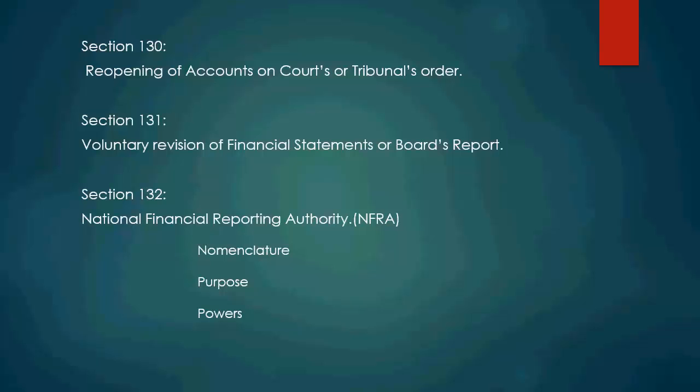NFRA also has the power to impose a penalty if professional or other misconduct is proved after the investigation done by it. So if it is proved, then at the individual level, the minimum penalty will be rupees 1 lakh, which may also extend to 5 times the fees received.